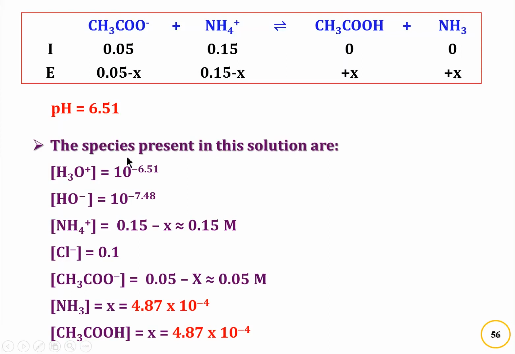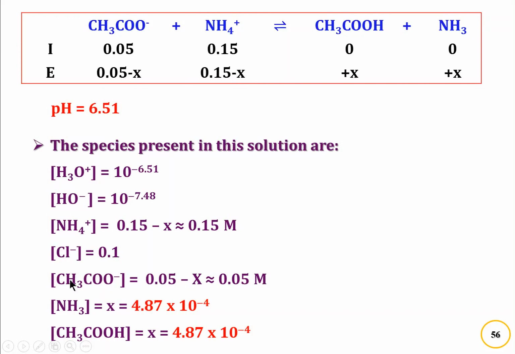The species present in the solution: pH equals 6.51, so H3O+ equals 10 to the minus 6.51. The concentration of OH- times H3O+ equals Kw, so OH- equals 10 to the minus 14 divided by 10 to the minus 6.51, so it equals 10 to the minus 7.48. The concentration of NH4+ is practically 0.15 since X is negligible.